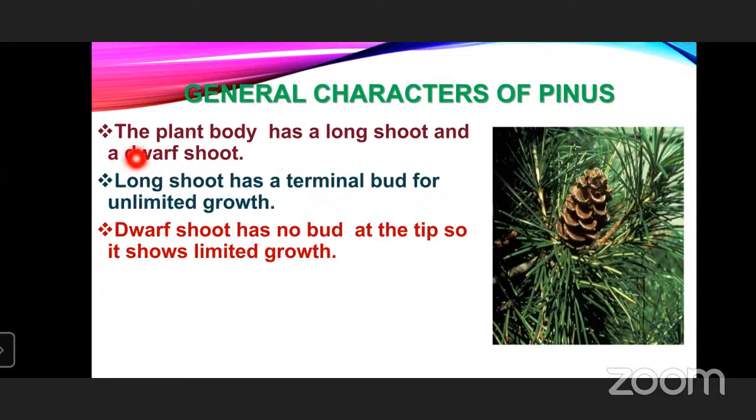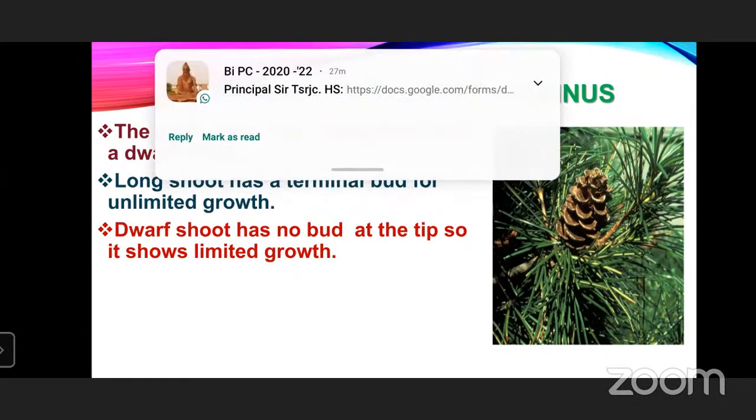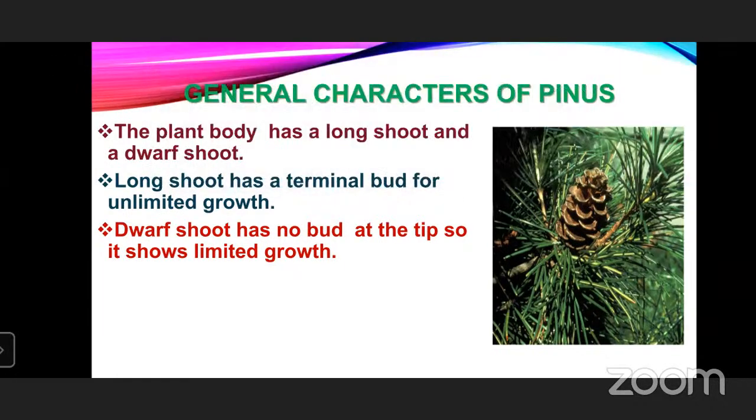When we observe the plant body of the Pinus, the plant body has a long shoot and a dwarf shoot, and the plant body is a diploid sporophyte. Dear children, you remember this point. In gymnosperms, the plant body is a diploid sporophyte. It is similar to pteridophyta members also.